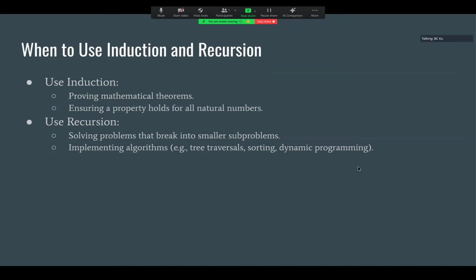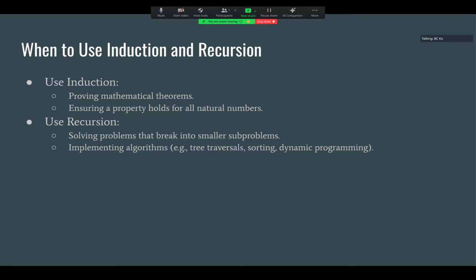When to use induction and recursion? Understanding when to use induction and recursion is very important. Use induction when you need to prove mathematical theorems, or you want to ensure a property holds for all natural numbers. Induction is particularly useful in proofs that require establishing the truth of a statement across an infinite set.